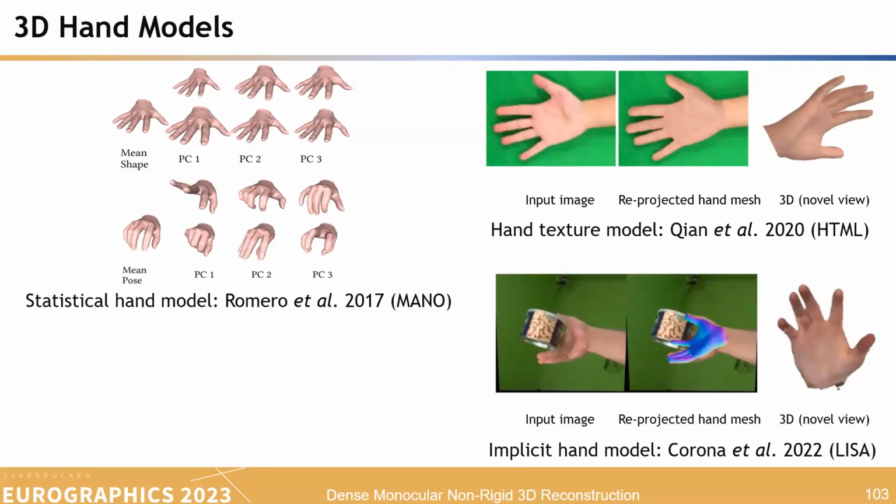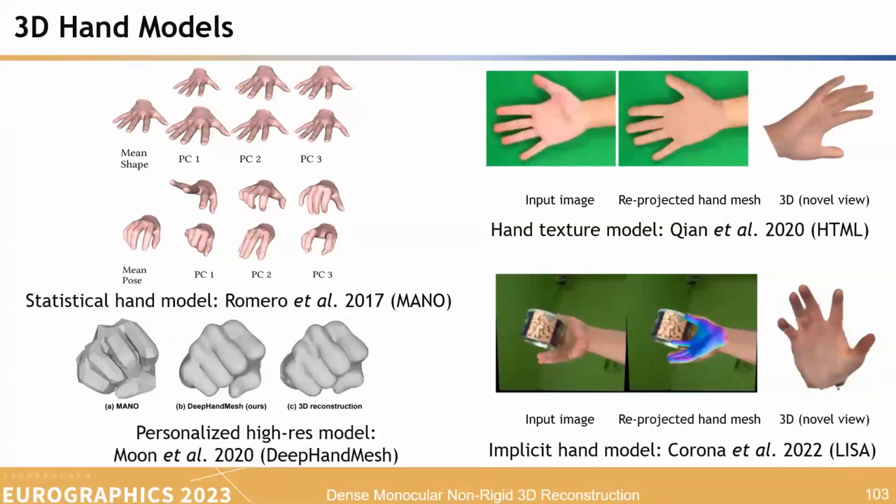There have also been some models which use implicit functions, and here again they learn a disentangled space of hand shapes, poses and appearance. There have also been personalized high resolution models, because MANO, for example, is lower resolution and cannot capture the high resolution details.